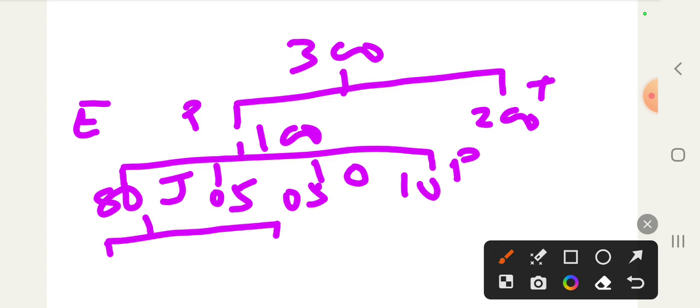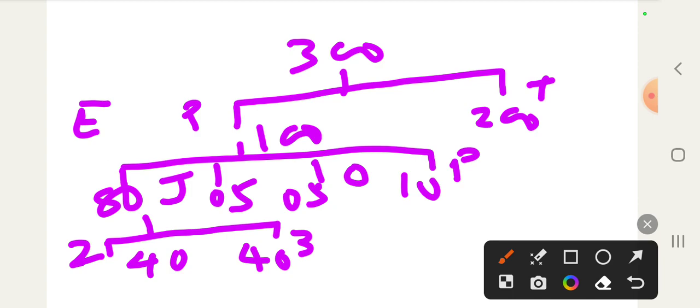Paper number 2 is of 40 marks, and paper number 3 is again of 40 marks. So the 80 marks are divided into 2 papers of 40 marks each.